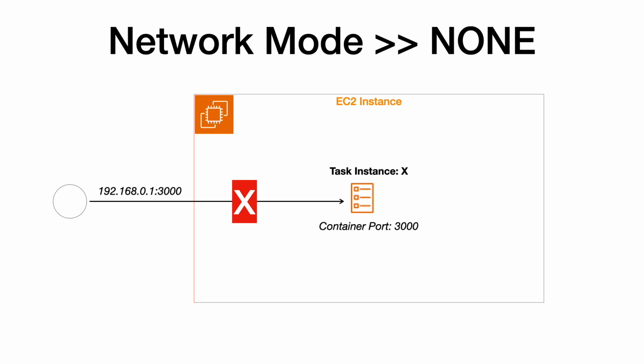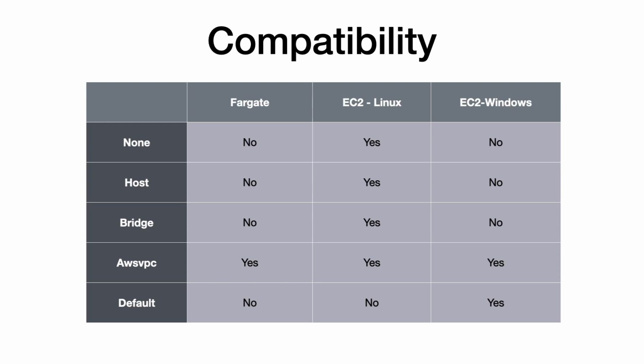Here is the compatibility chart for all the network modes, across all the launch types and operating systems. If you are using Fargate, only AWS VPC mode works for it. If you are using Linux EC2 instances, then all the network modes are applicable for you, except the default. If you are using Windows EC2 instances, then you can enable either default or AWS VPC as the network mode.